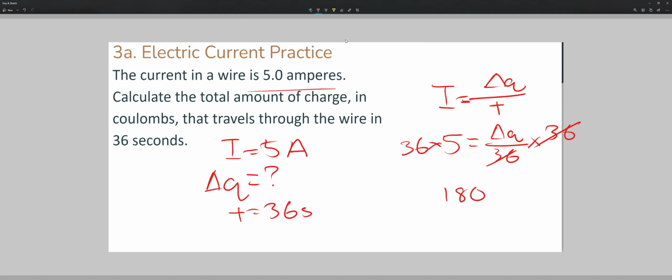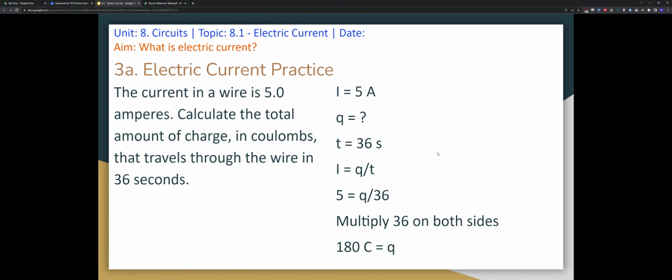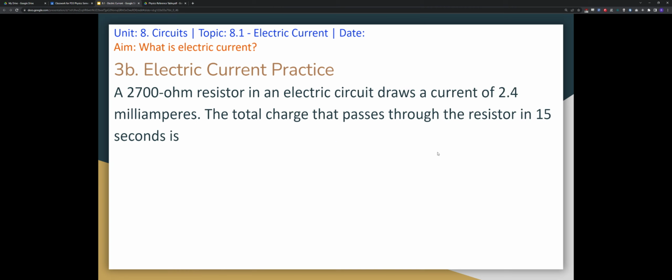I'm sorry, I don't understand why it took such a long time for that. But either way, 180 coulombs is the amount of charge that's flowing through the wire. And you see that on the slides here.